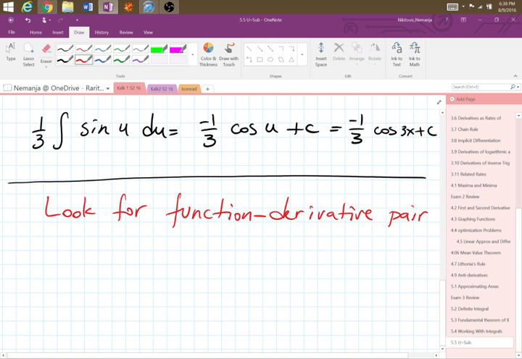Function derivative pair. What does this mean? Well, let's take a look at the example and try to figure it out.